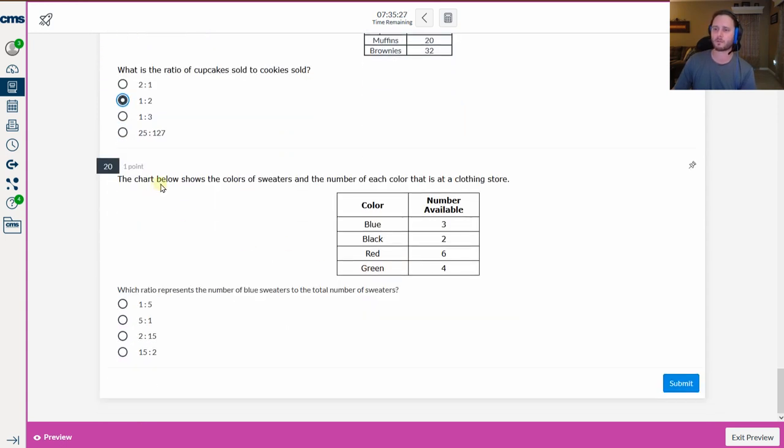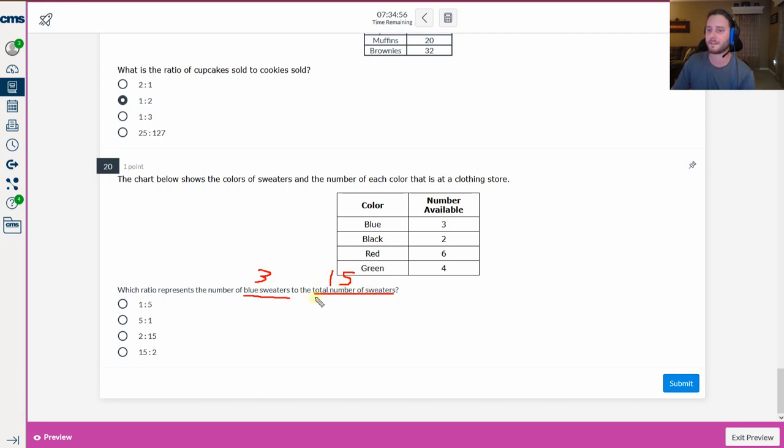Alright, so number 20, it says which ratio represents the number of blue sweaters to the total number of sweaters. So, blue sweaters, it looks like there are 3 of them. And then the total number of sweaters, we have to add all of them. Yes, including the blue sweaters. So, 3 plus 2, that's 5, plus 6 plus 4, that would be 15 total sweaters.